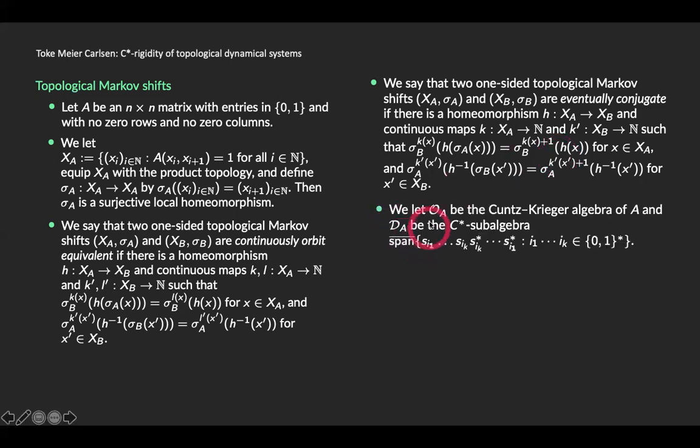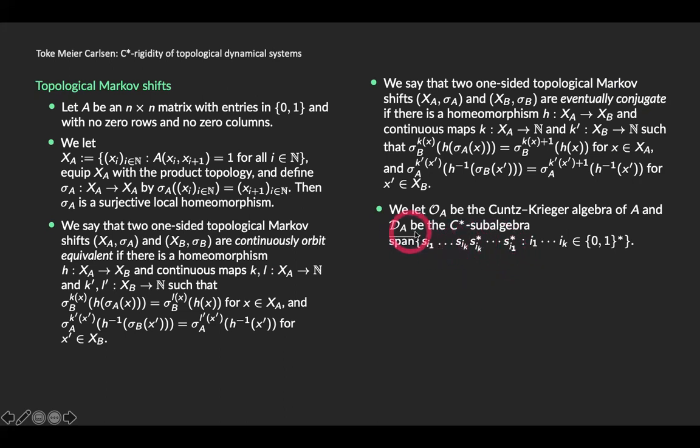Then a little bit of notation. O_A will be the Cuntz–Krieger algebra of A, and D_A will be the C*-subalgebra of O_A generated by elements of this form here. The S_{i1} through S_{ik} are the canonical generators of O_A, and we look at elements of this form, and at the C*-subalgebra generated by them, which we denote by D_A.